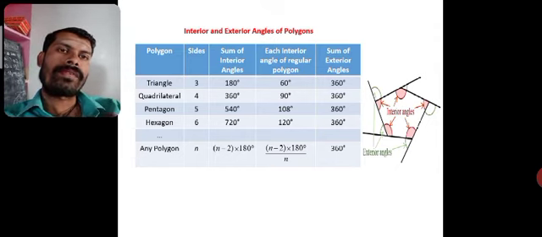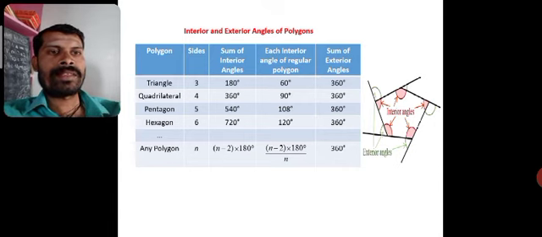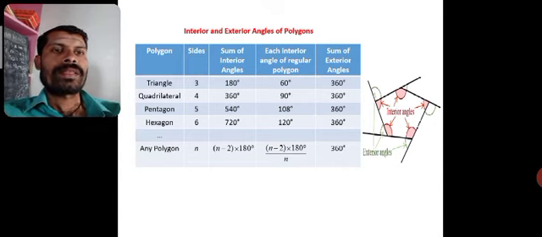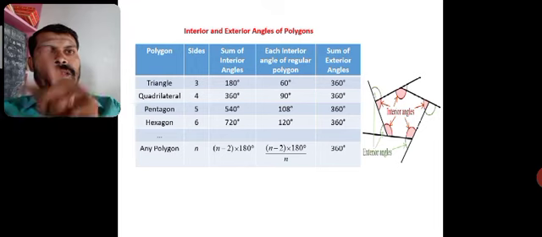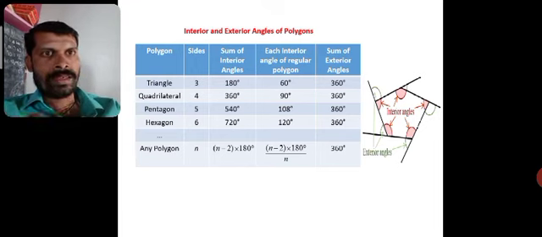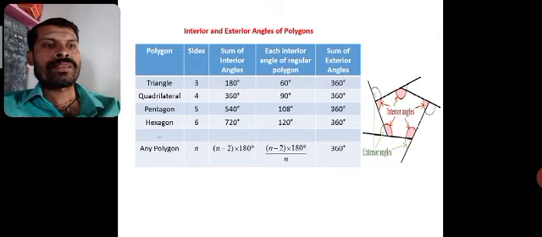For any polygon with n sides, we can generalize that: n minus 2 into 180 degrees. Substitute the value of n, the number of sides, for any polygon and you will get the sum of the interior angles.